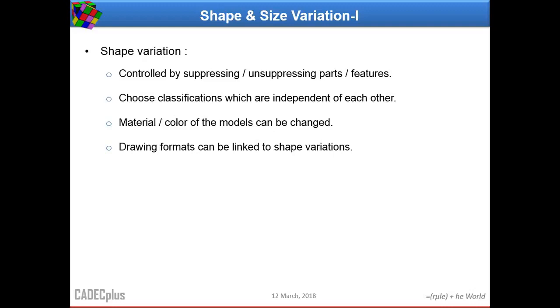The shape variations can be controlled by suppressing or unsuppressing different features in the model. By creating a parametric model, we can ensure more flexibility and a number of variations can be controlled using the same master geometry. Materials or colors of the assembly and its components can be updated depending upon the geometry chosen.